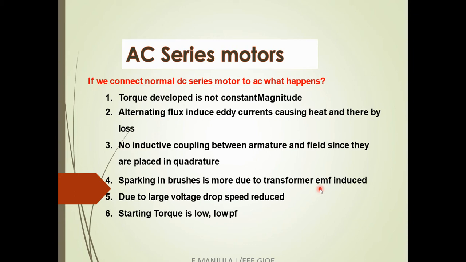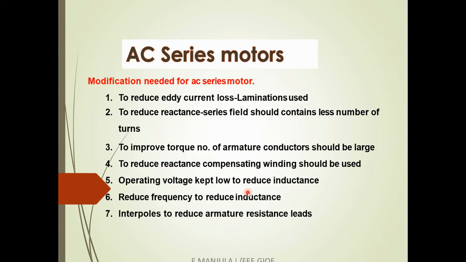Due to large voltage drop, speed reduces, starting torque is low and power factor is low. So all these problems happen when we apply AC in place of DC to a DC series motor.